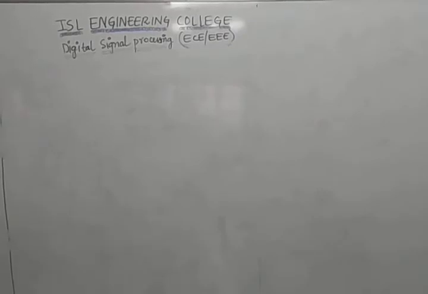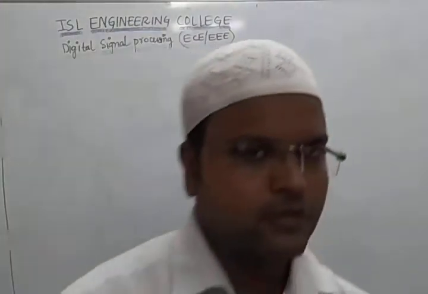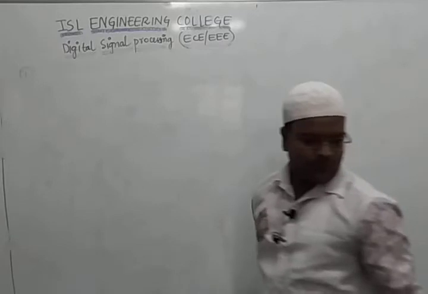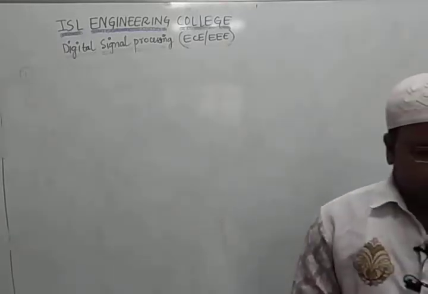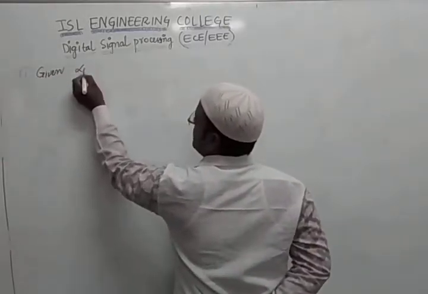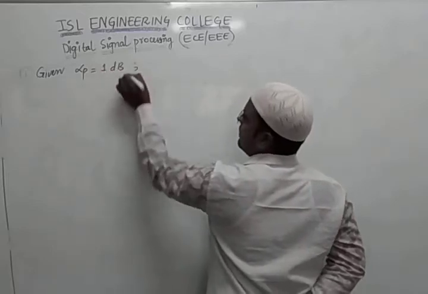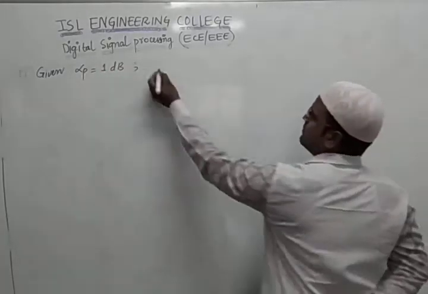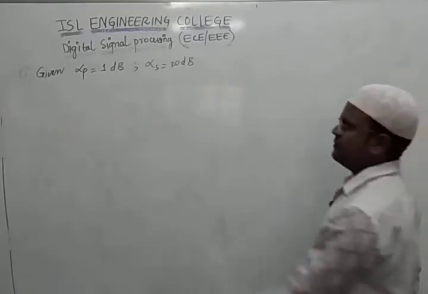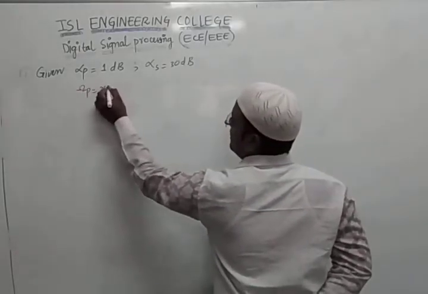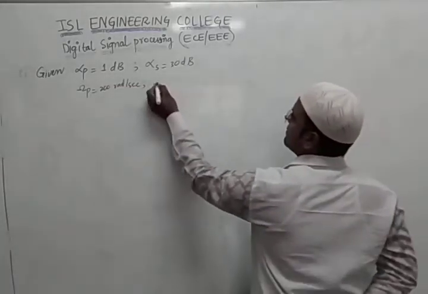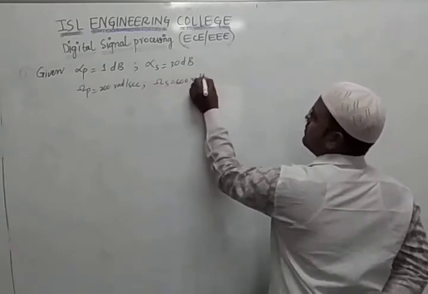So we'll take one problem, students. Given the specification: alpha p is equal to 1 dB, alpha s is equal to 30 dB, omega p is equal to 200 radian per second, and omega s is given as 600 radian per second.